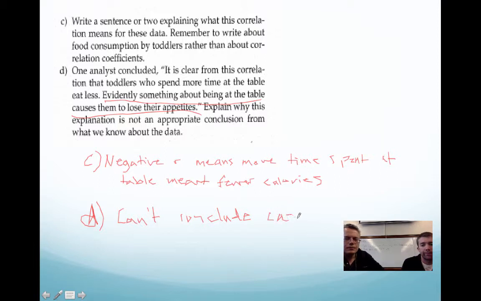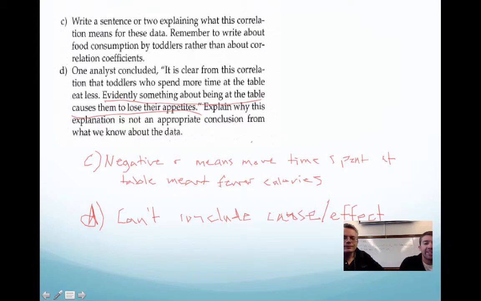You can't conclude causation. Very good, that was actually a good problem.